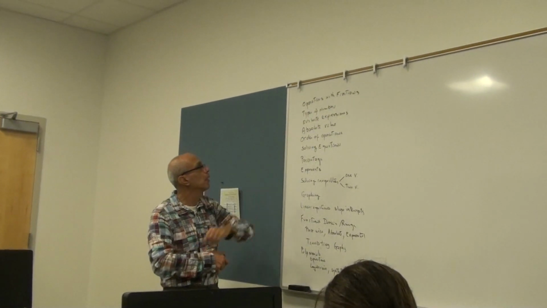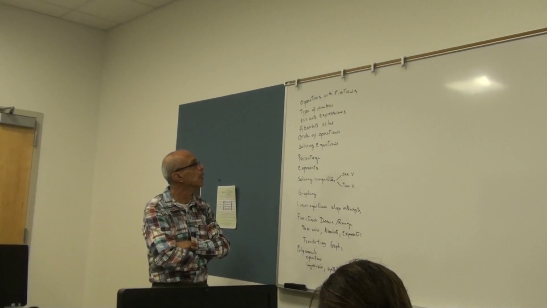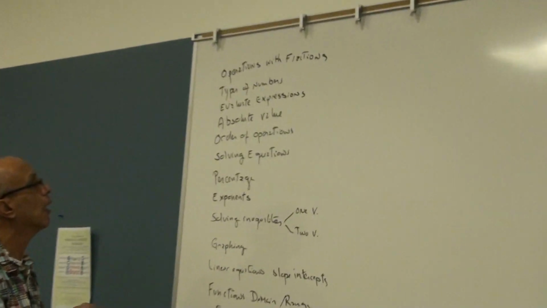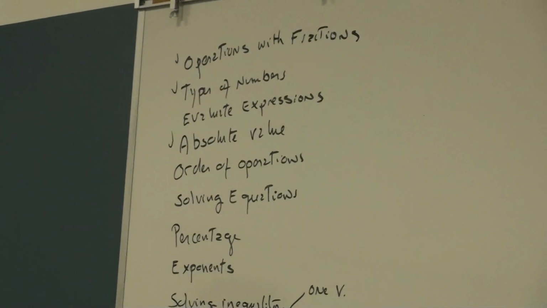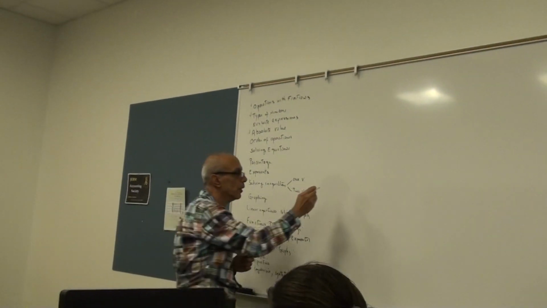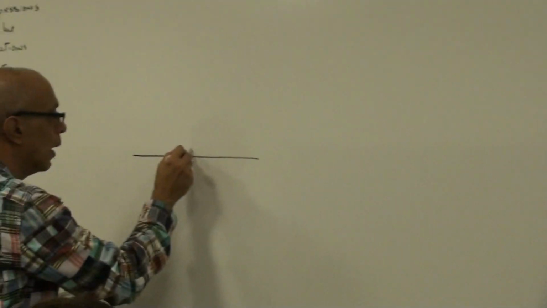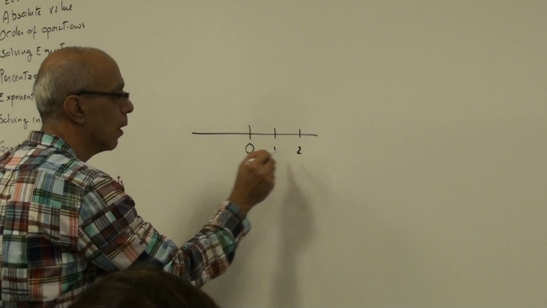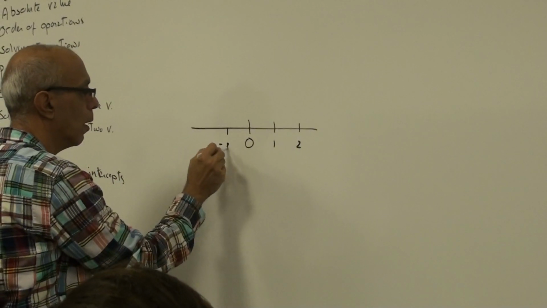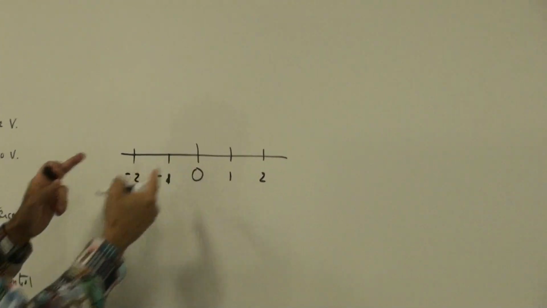Then the next topic, very important, is the idea of absolute value, right? Absolute value is basically the distance between a point on the number line and 0.